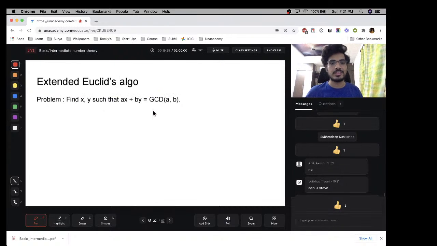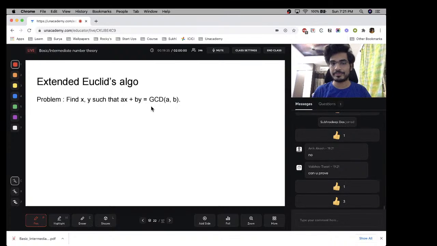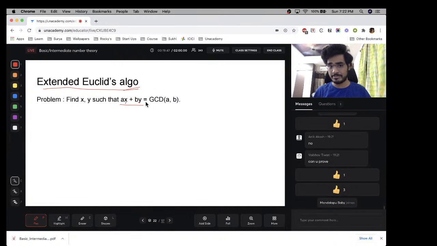Let's say the question itself is, let's try to find the integers x and y. There is an algorithm given by Euclid, called the extended Euclid's algorithm, to find such integers x and y such that ax plus by equals GCD of a comma b. How is that?